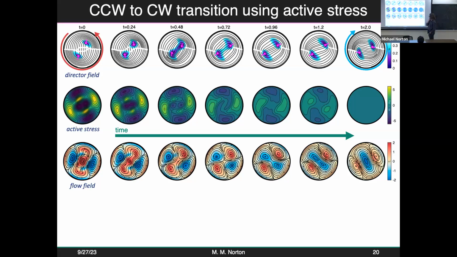The control solutions that we get are complex and need their own forensics to justify everything we see. But the flow fields that we're getting are pretty simple. I think the way to view this is that the flow fields are really in service of getting us to this symmetric state. We can look at how the nematic is being rotated. It's always driving us towards this point, and then the active stress field at that point just knocks us over to the other attractor.